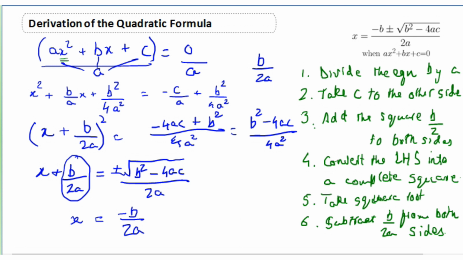And I'll just combine this term over this, so minus b upon 2a plus minus the square root of b square minus 4ac over 2a.